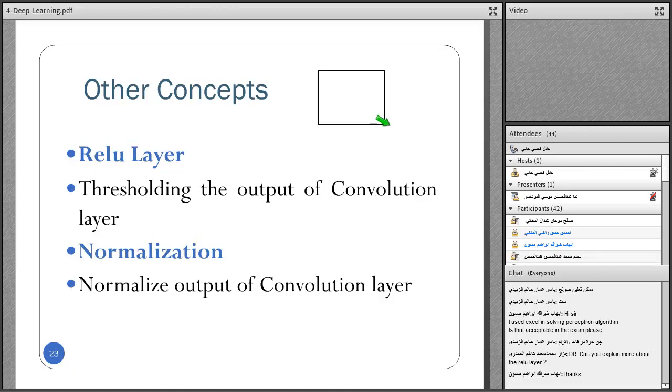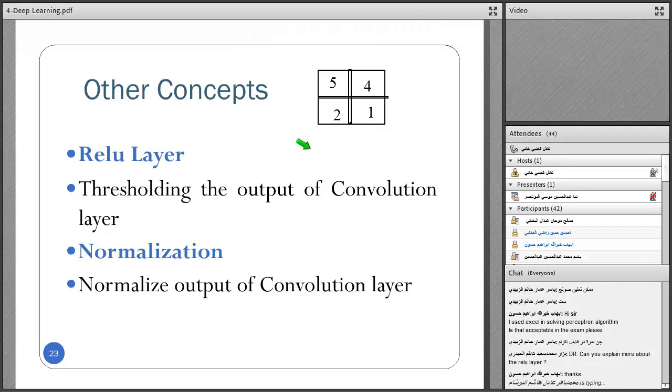For example, this is the output of the convolution, and then we come to the ReLU layer.